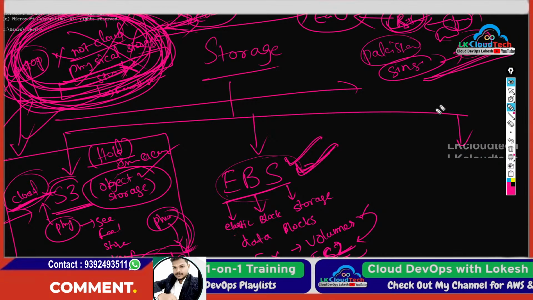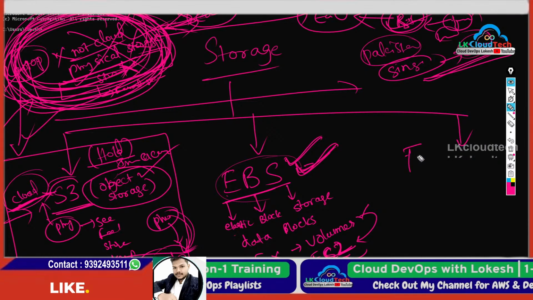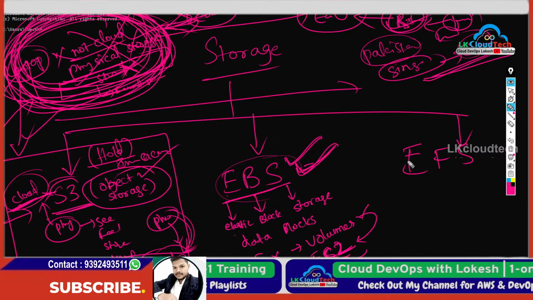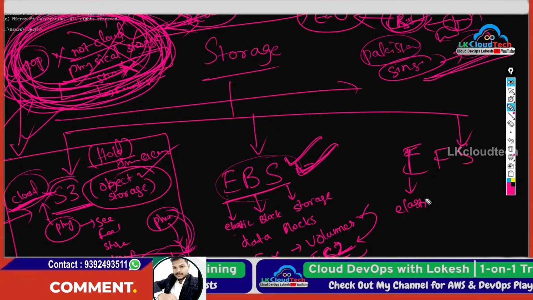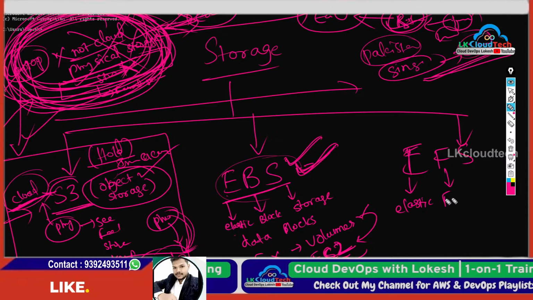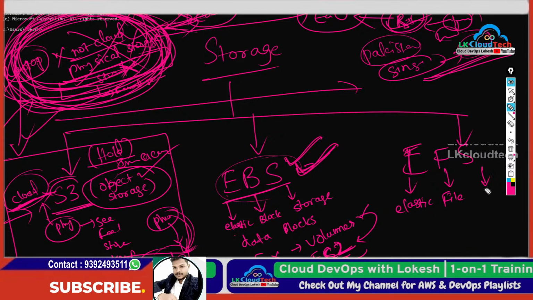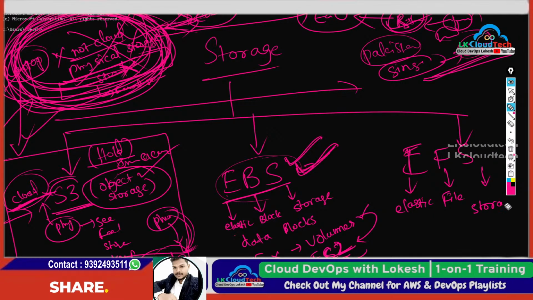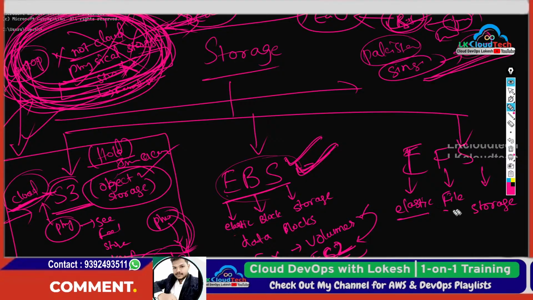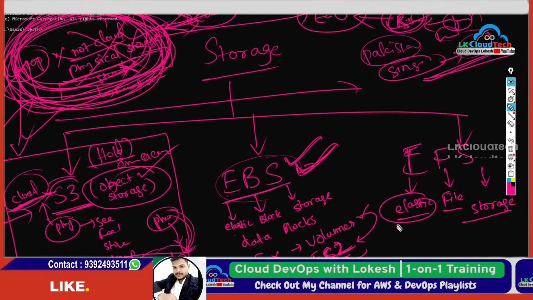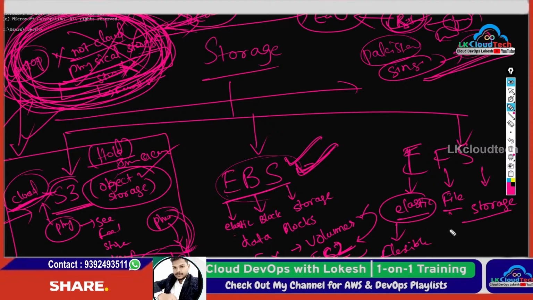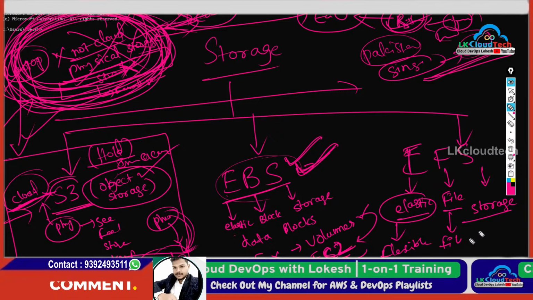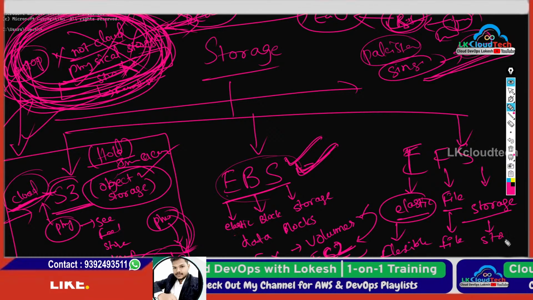So now we are talking about EFS. E means elastic, F means file, S means storage. Elastic file storage. Elastic means it is flexible. File means file only. Storage means storage only.